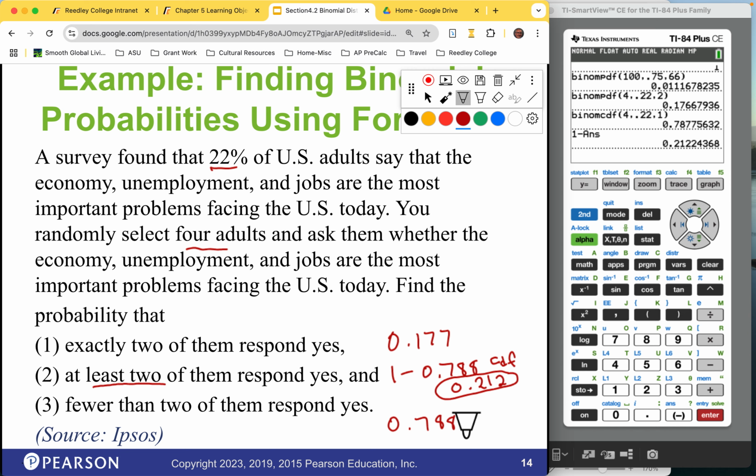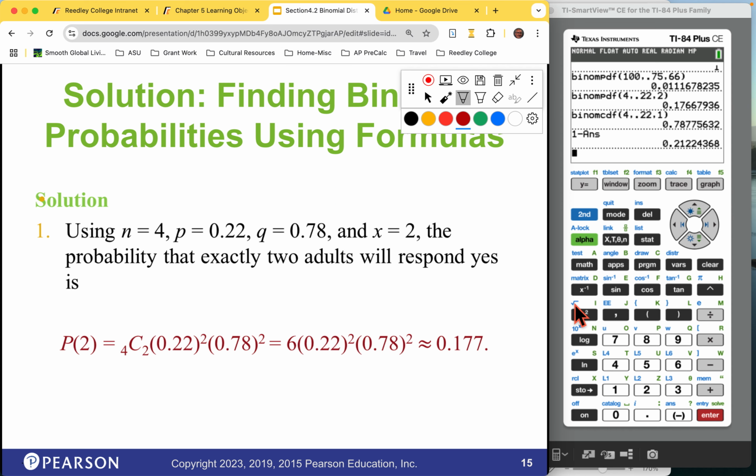Does that make sense? You want to see how much work it would have been with the formulas? This one's not so bad, right? Probability of success, 2 successes and 2 failures, and that's the same number we got, 0.177.